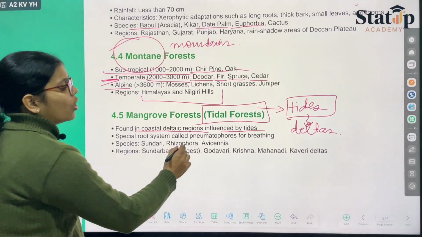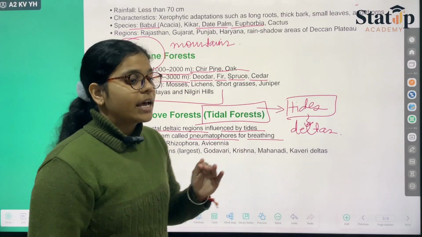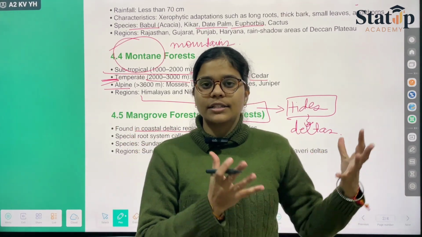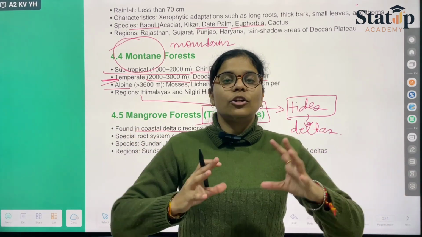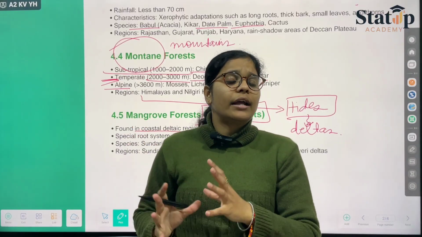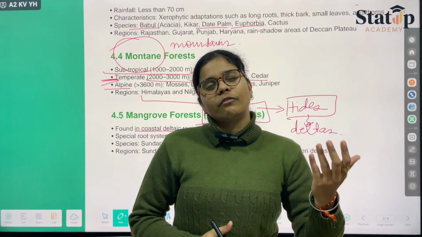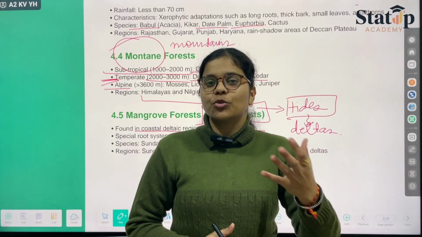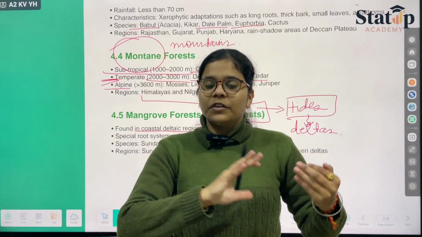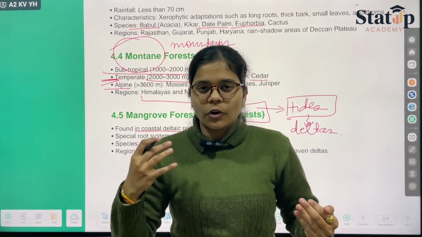Special root systems called pneumatophores for breathing are there, because there are certain regions where the tides are there, due to which the shifting of the deltas always occurs. And the long roots are influenced by certain factors, due to which the shifting of the tides will lead to the shifting of the roots without affecting the upper portion of the plants, or we can say the forest.